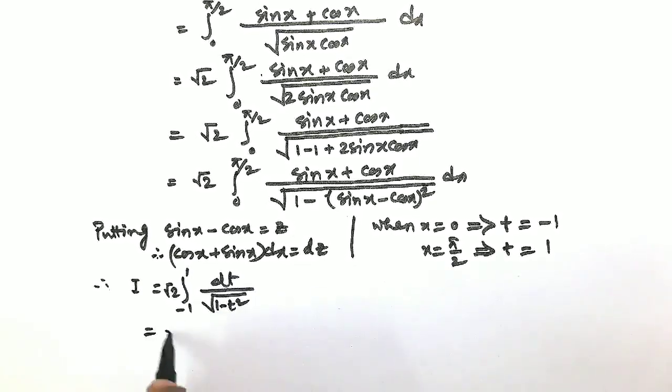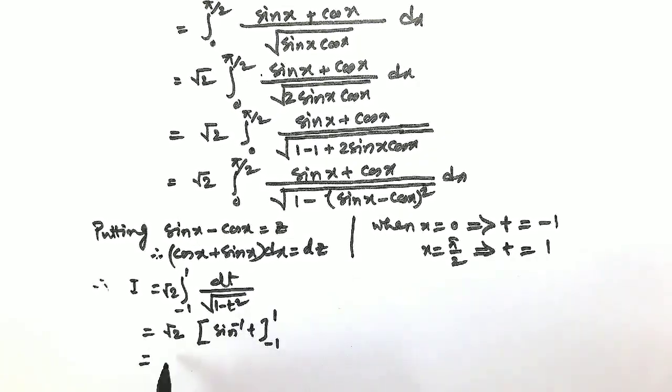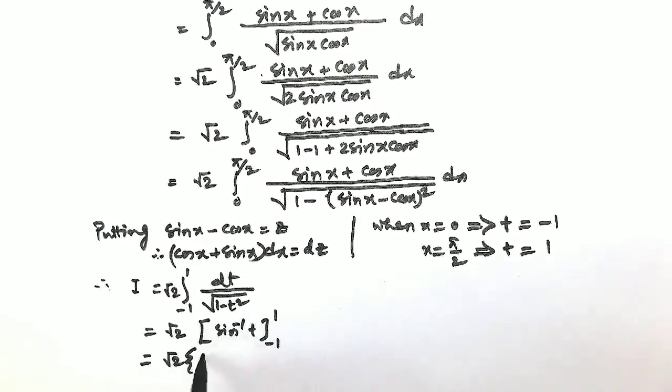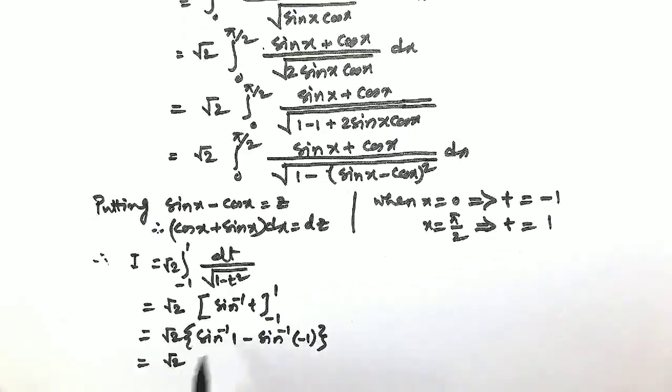So this is equal to root 2 sin inverse t, limits minus 1 to 1, and it is root 2 into sin inverse 1 minus sin inverse minus 1. So getting root 2 into 2 sin inverse 1.